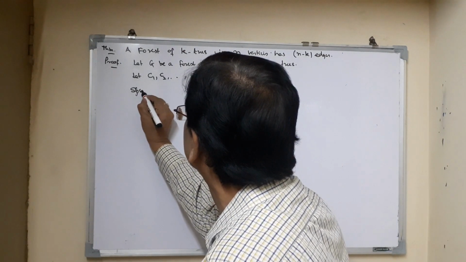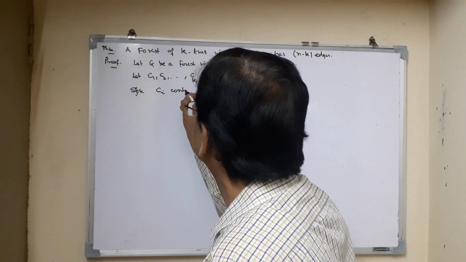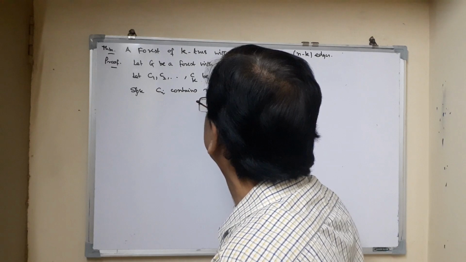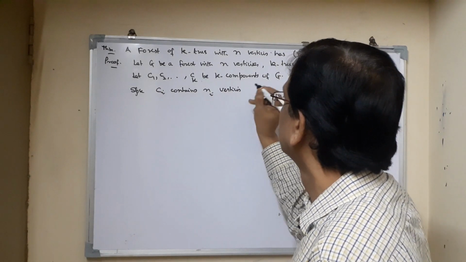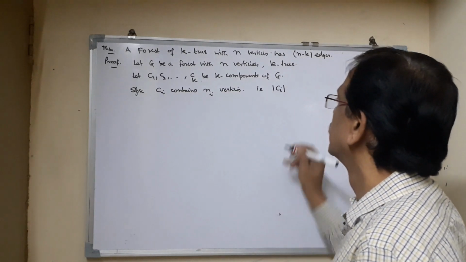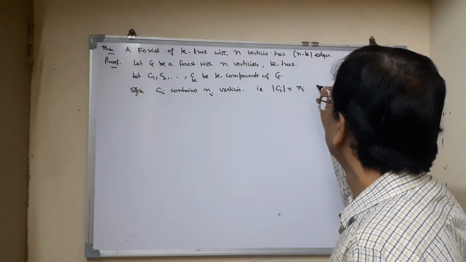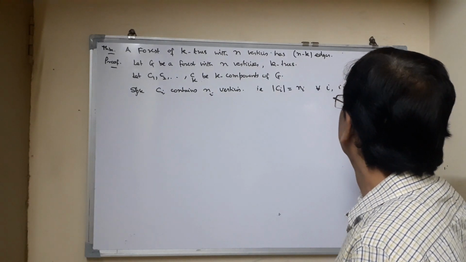Suppose Ci contains Ni vertices, that is, Ci will have Ni vertices for each i equal to 1 to k.